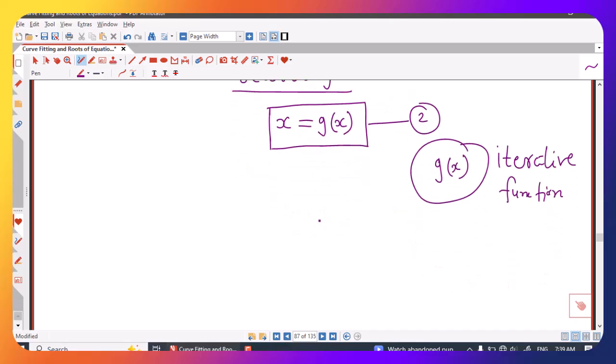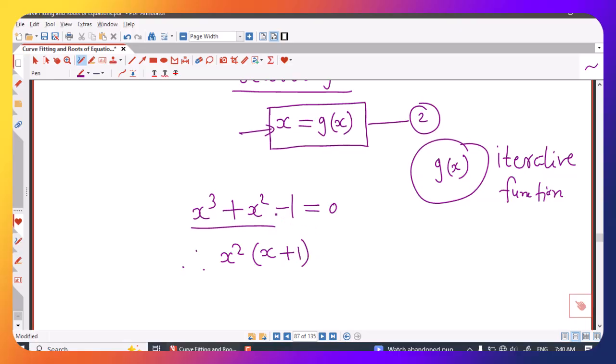For example, suppose I have the equation x cube plus x square minus 1 equal to 0. Then I can rewrite this in this form by rearranging. Suppose I take x square common from these two terms, then I am left with x plus 1, and the 1 I can take on the right hand side.